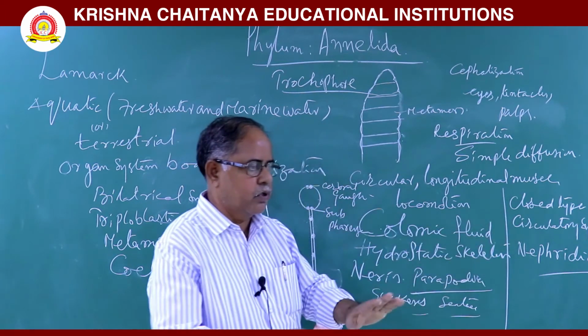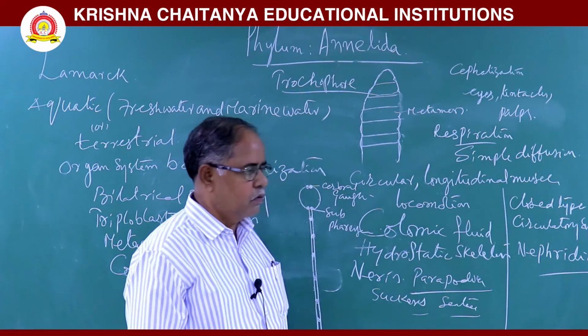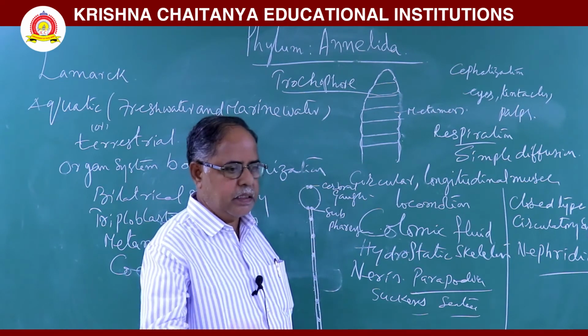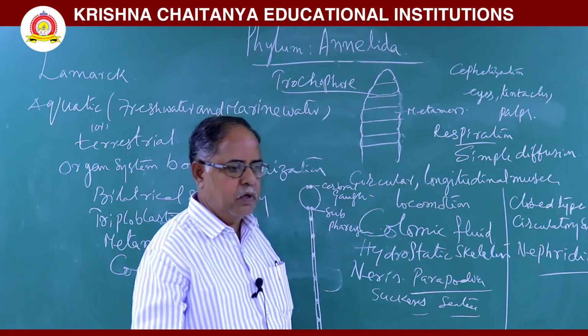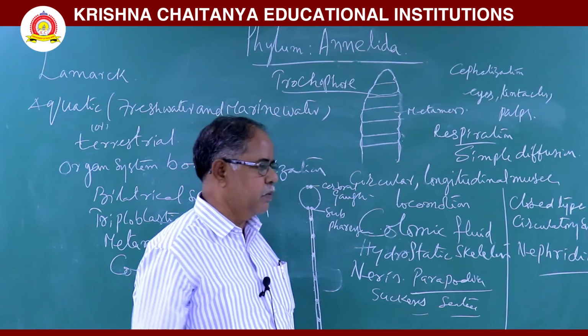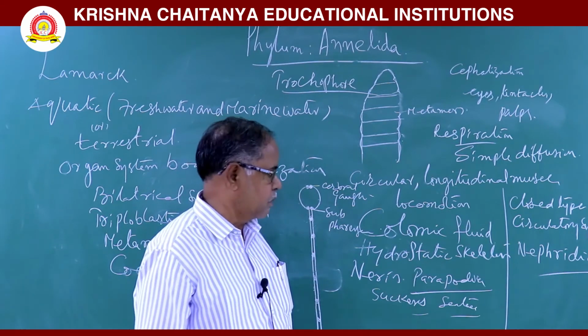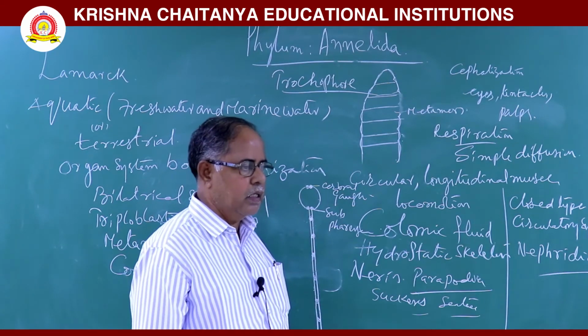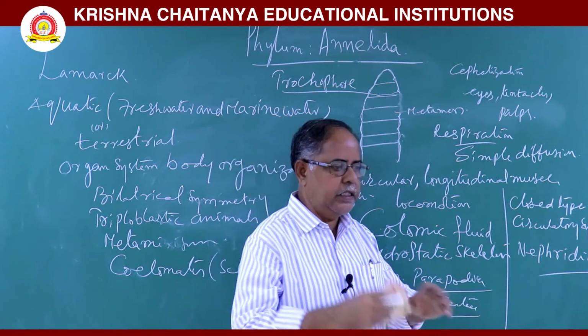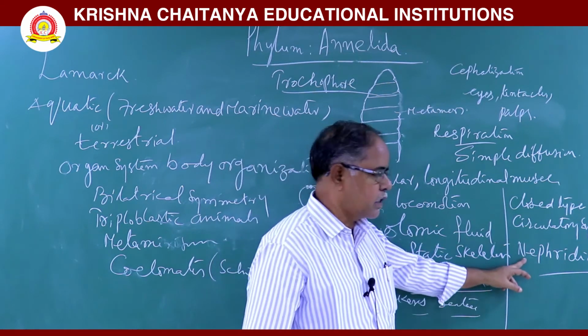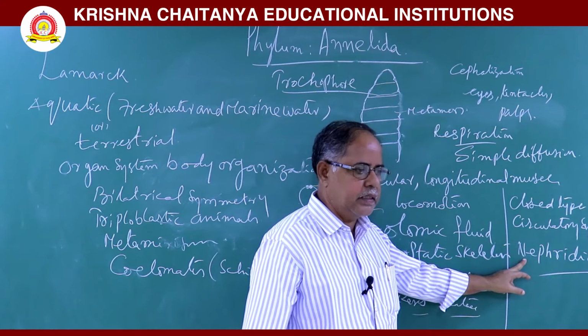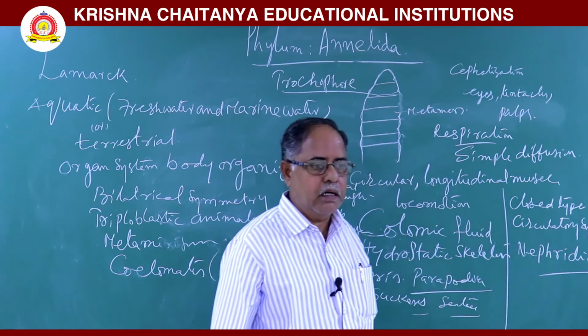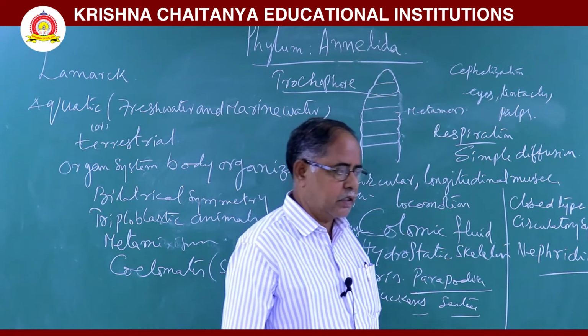That means blood flows through blood vessels only. Here the respiratory pigment, for example hemoglobin, is present, dissolved in the plasma. In the excretory system, coiled tube-like structures are formed, called nephridia. Nephridia originate from ectoderm.